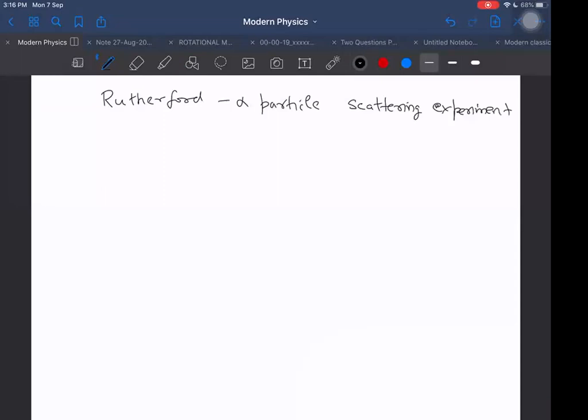In it he took a thin gold foil and he made some alpha particles. So let us say we have this radioactive element here, and from here alpha particles are being emitted.